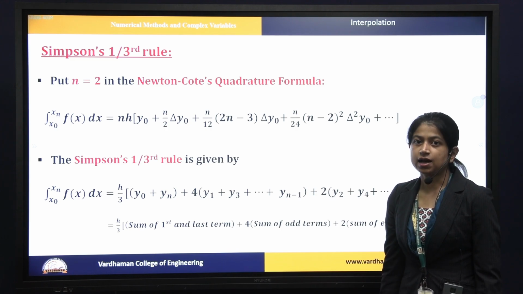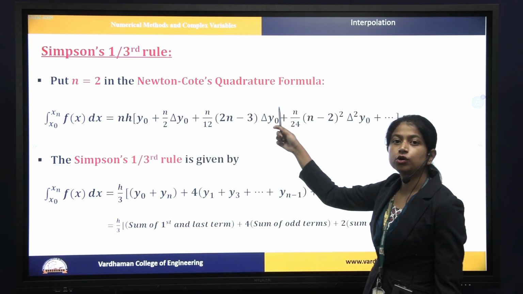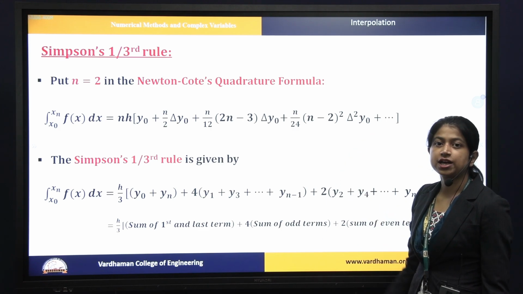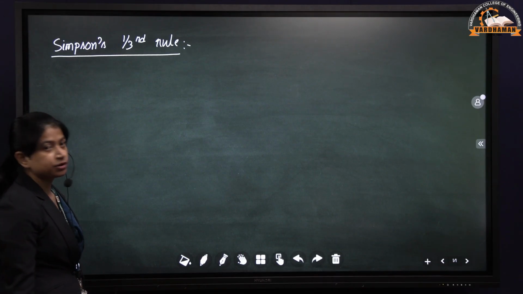Now let us see how to derive Simpson's one-third rule from the Newton-Cotes quadrature formula or general quadrature formula. First of all, let us write the Newton-Cotes quadrature formula.